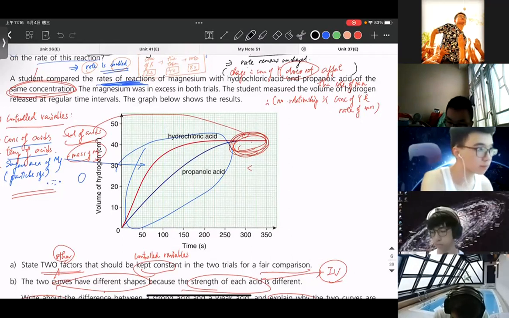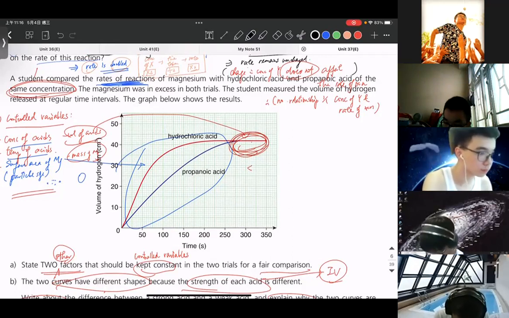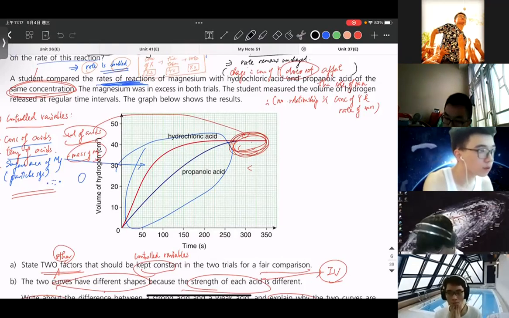That means the magnesium would react with two acids, but if only the surface area is controlled, but the volume is not controlled, that means the surface area to volume ratio is not controlled.